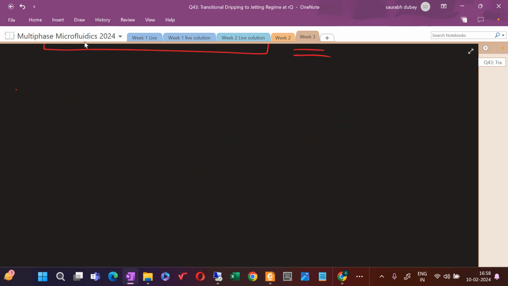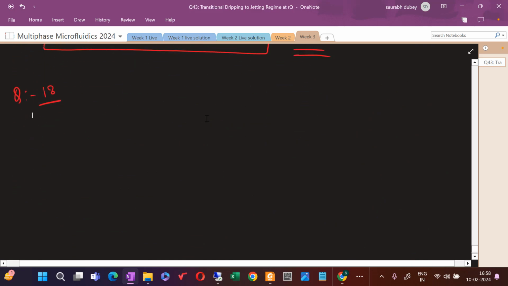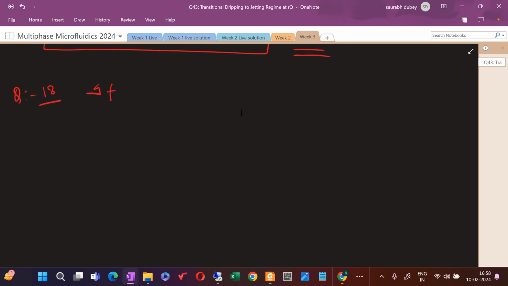Another question, question number 18: if the diameter of a capillary tube is 1 mm, then the capillary rise is 3 centimeter.